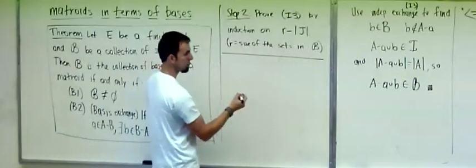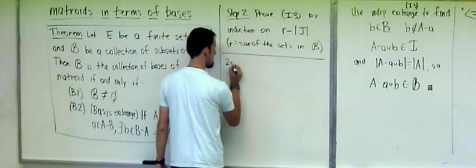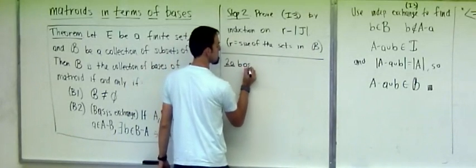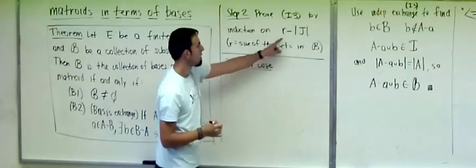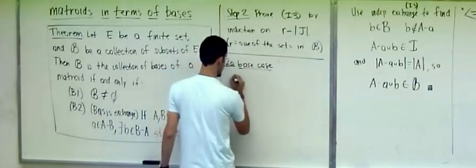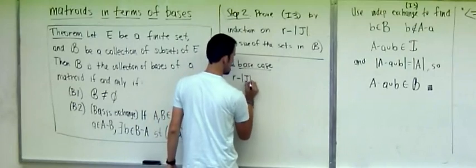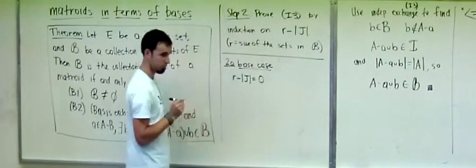And again, so let me say 2A, base case. The base case is where R minus J is equal to 0.